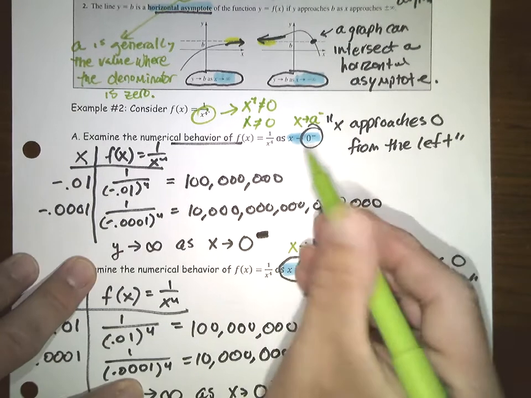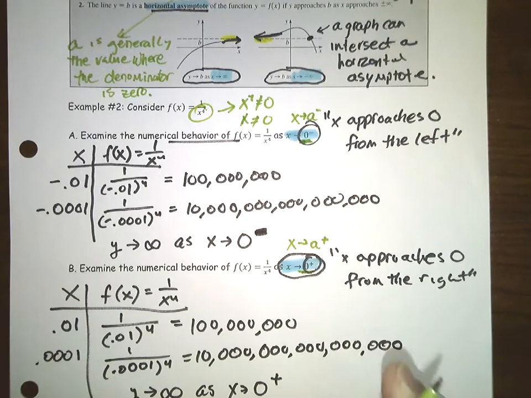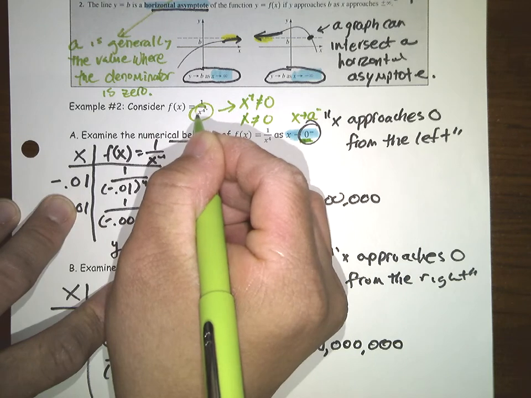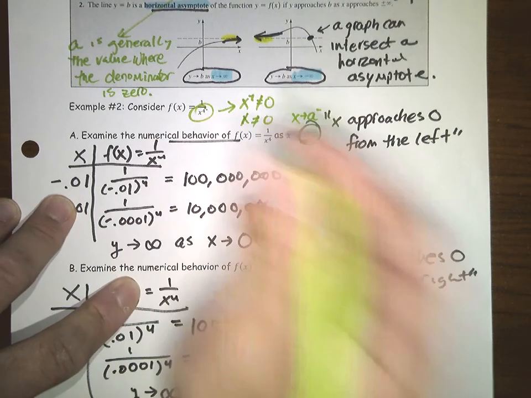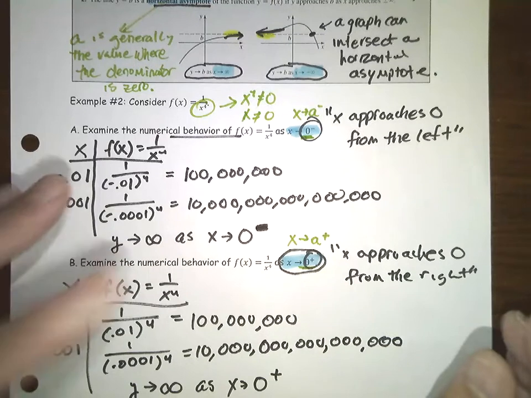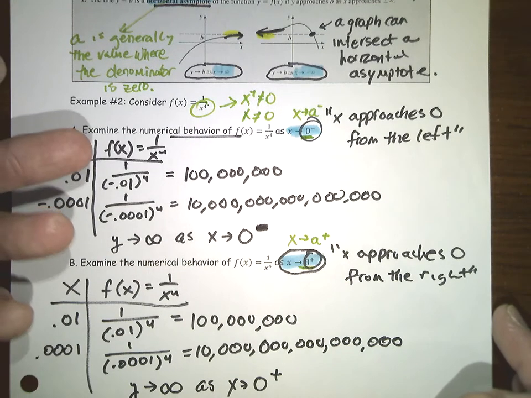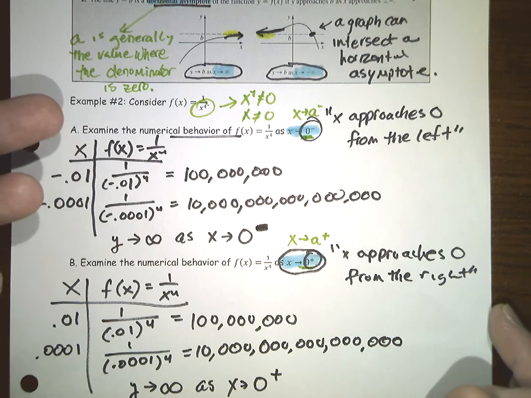All right, so this 0 right here didn't actually come out of nowhere, just so that you know. It's not always 0. It's whatever values would make the denominator equal to 0. So there are functions that could have more than one vertical asymptote, because there could be more than one value that makes the denominator equal to 0.